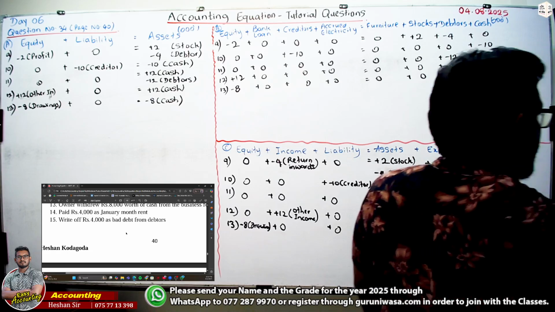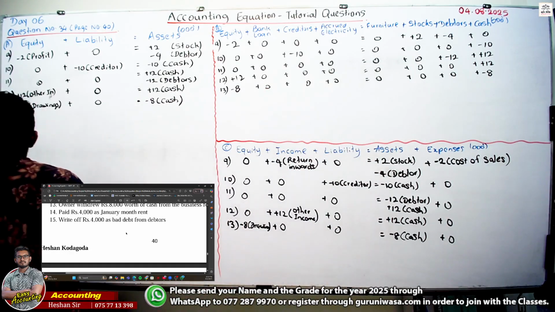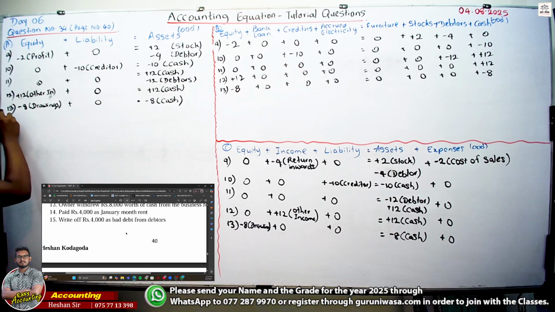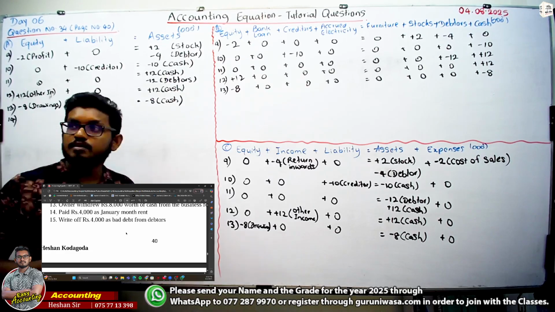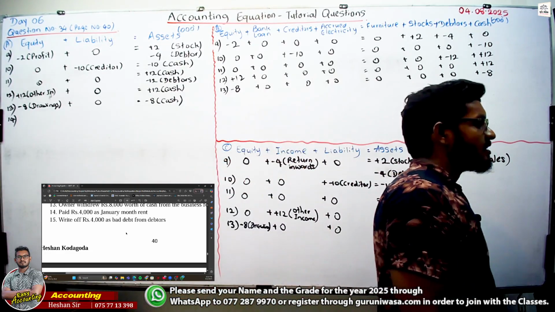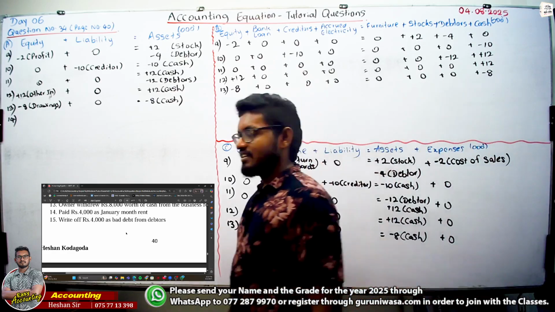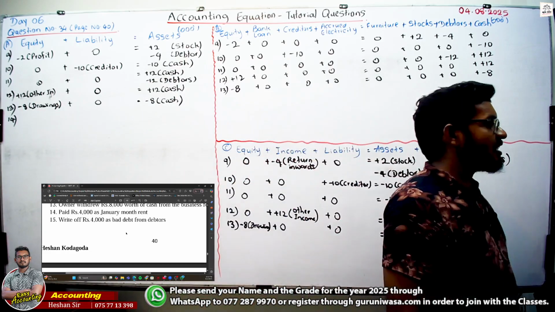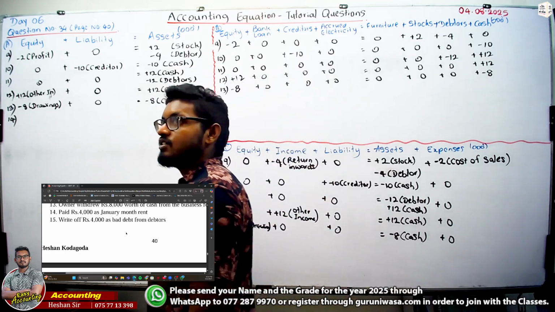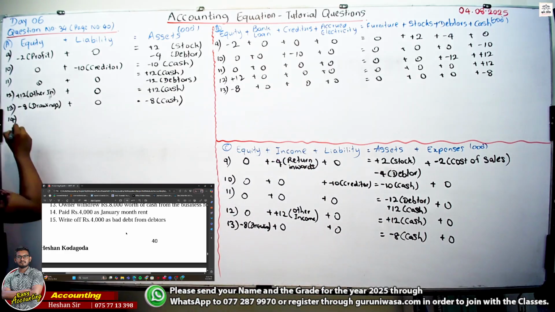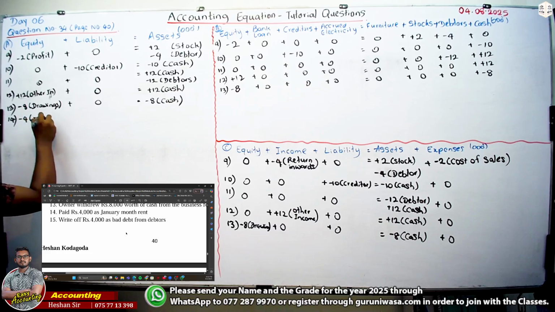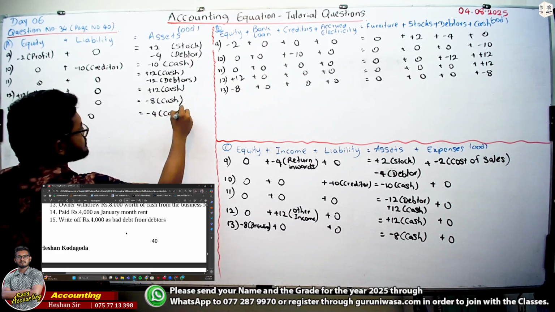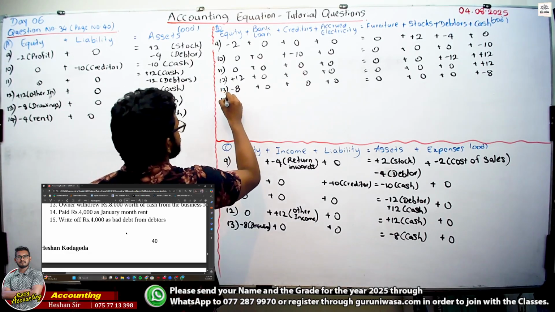14. Paid 4,000 as January rent. Now, if I tell you like this, just wait, let's write it. Number 14. If it's 4,000 rent, it would be a small purchase, but we can't buy a purchase of 4,000. So it's a boarding place. When I was at campus, my boarding was 6,000, and 4,000 as rent. Equity decrease, rent, minus 4,000.